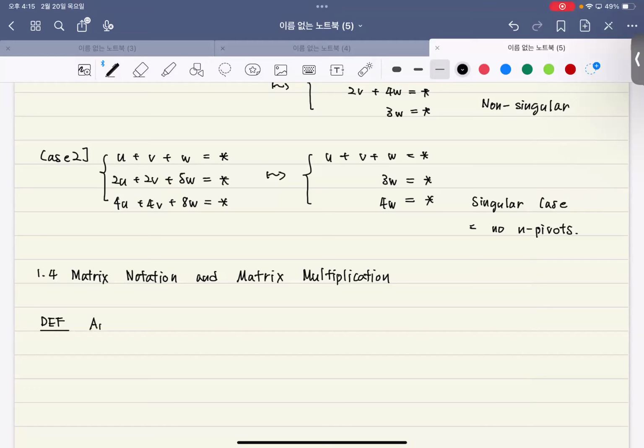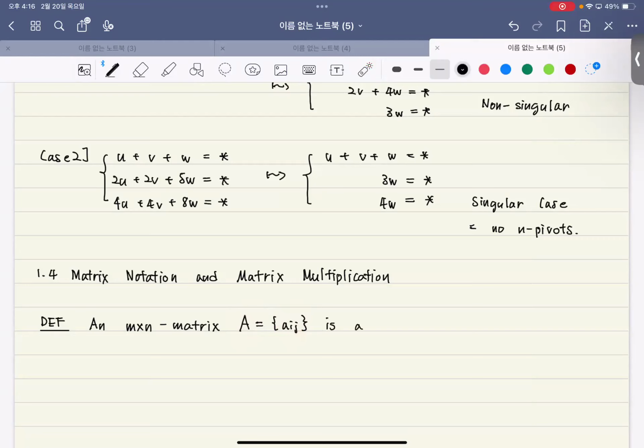An m by n matrix is usually denoted by an uppercase letter, A, with entries a_ij. This is my other notation for the matrix, just to emphasize that this matrix consists of these entries.